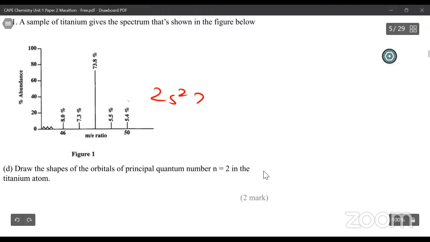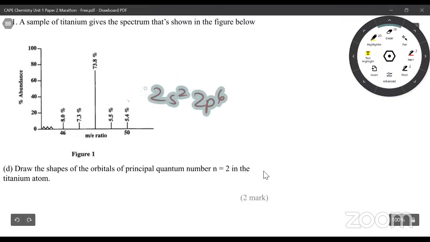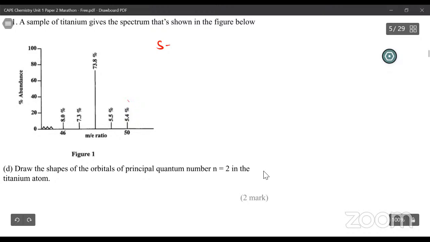So what we had were s orbitals and p orbitals, and you want to draw those. First of all, the s orbital. The s orbital is spherically shaped. So you want to draw your axes, x and y.